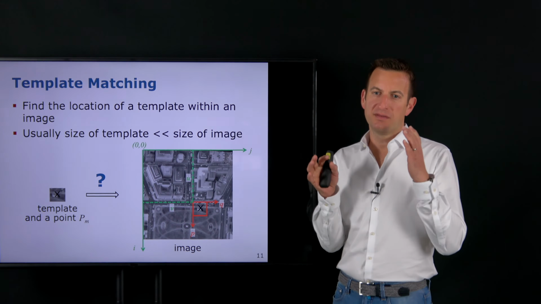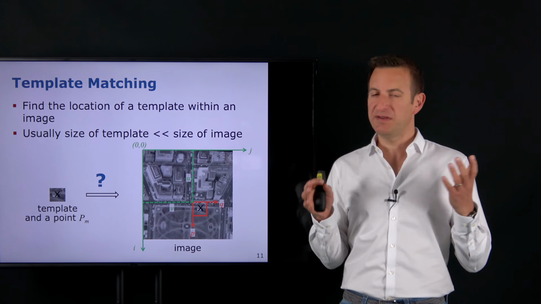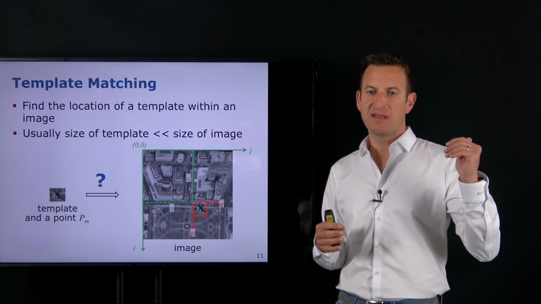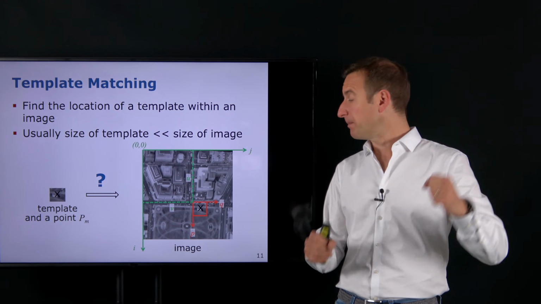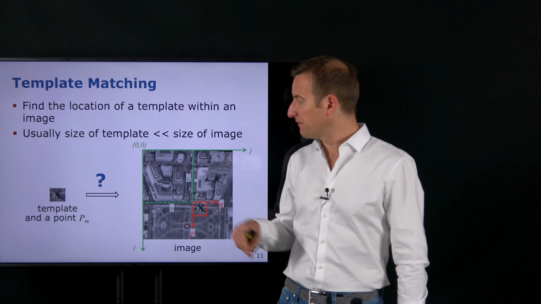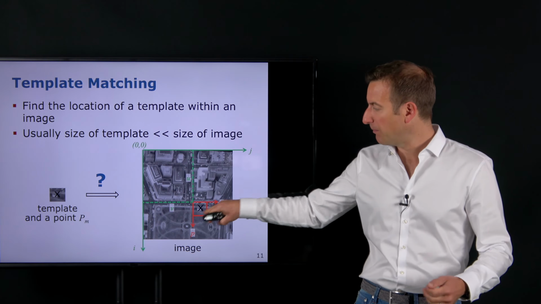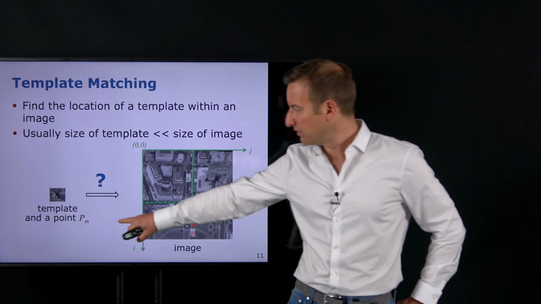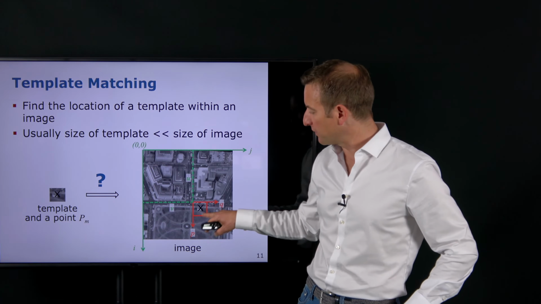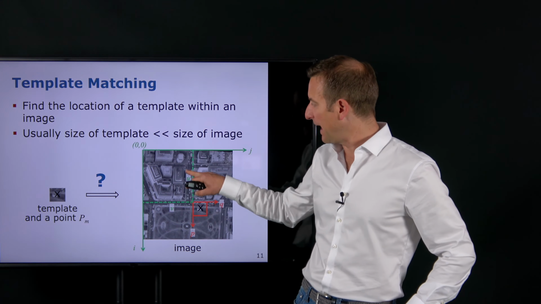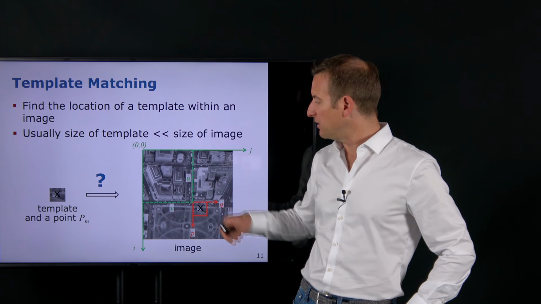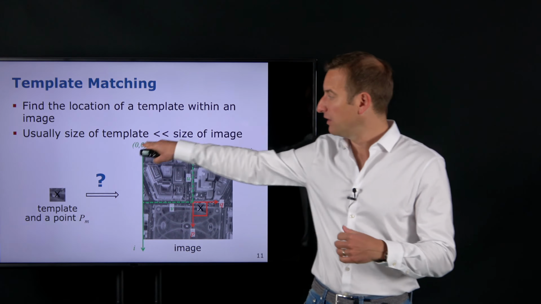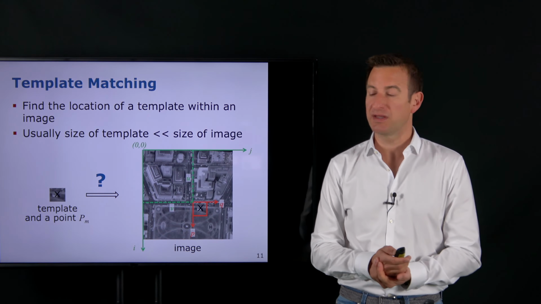Okay, so the UV or VU vector is basically the shift vector that tells you the translation of the template and, let's say, a point in that template with respect to your original system. So you have a point P, which is expressed in this red coordinate system, and by adding V and U to these coordinates, you can express where that point is in the larger image over here.